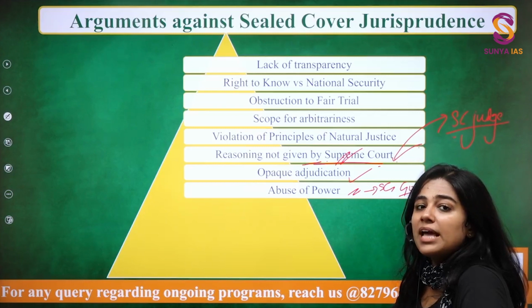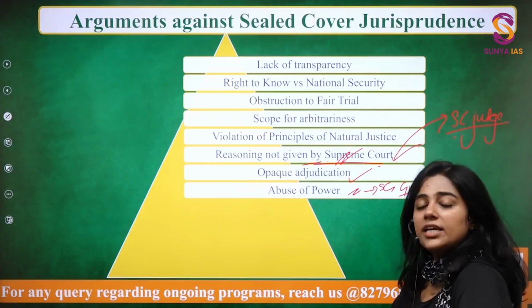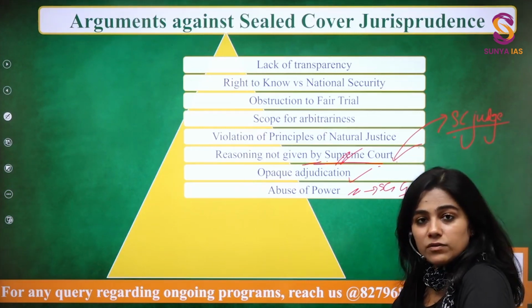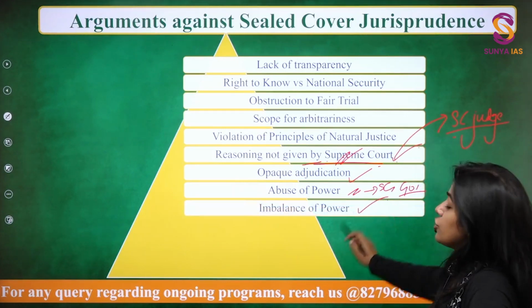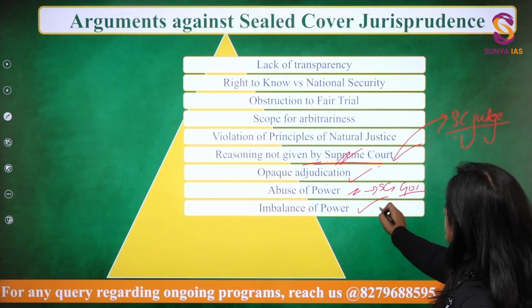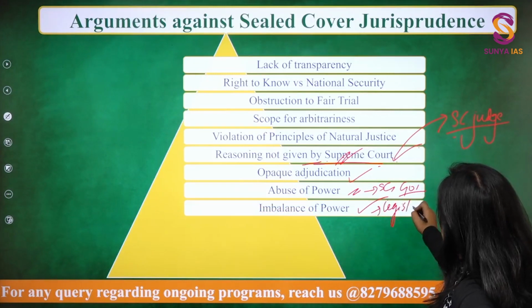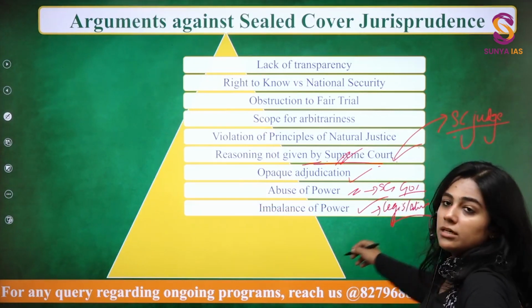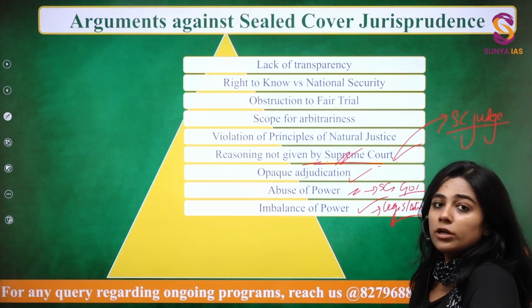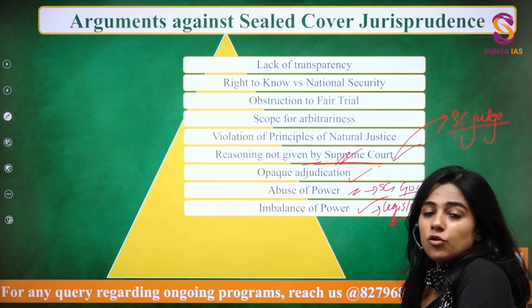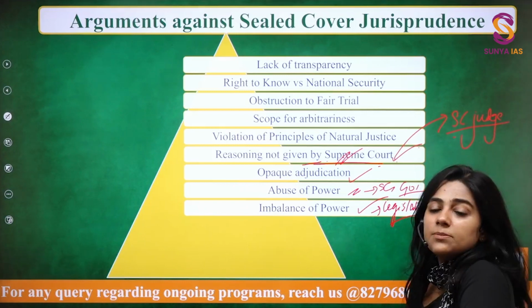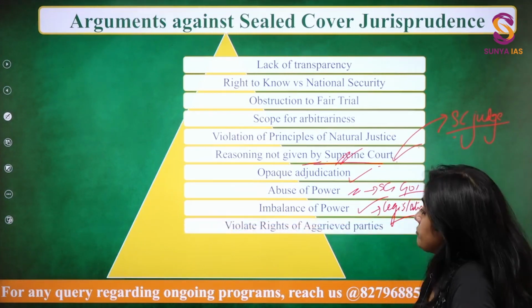We cannot be having all the information being shared in sealed covers. We do not appreciate it. Okay. Imbalance of power is being created because here the legislative wing is not in the know-how, it is not in the loop at all, right? There is imbalance of power, absolute authority is being given to the executive.